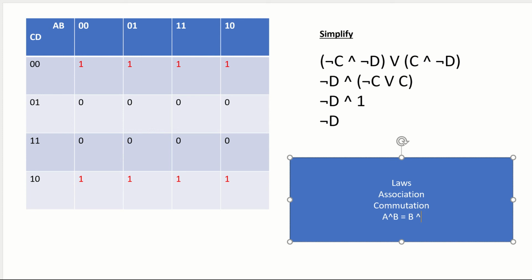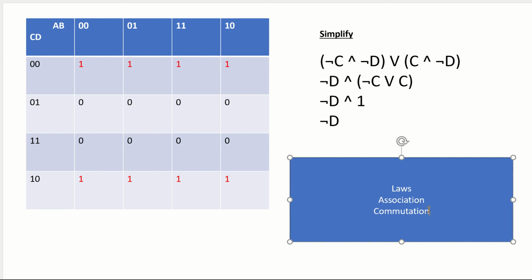If I had A and B and C and D, then I could have D and A and B and C. As long as the logical operator is the same, the order does not matter. However, if I had A and B or C, then it does matter. So that's the laws of association and commutation.